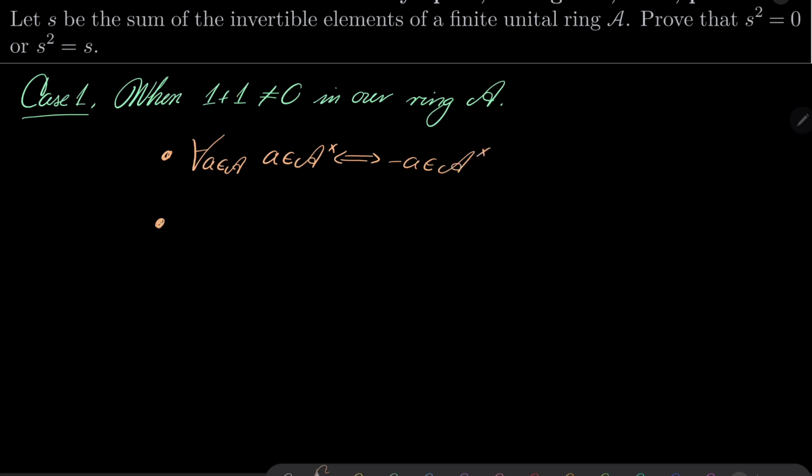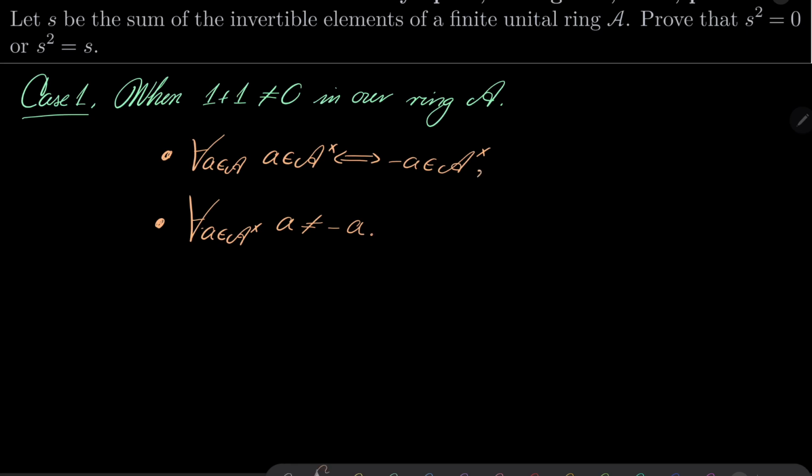And moreover, for every invertible element a of our ring, a is not equal to minus a. Why is that? Well, because you can take inverses on both sides and you will get that 1 is not equal to minus 1, which is true because 1 plus 1 is not 0.